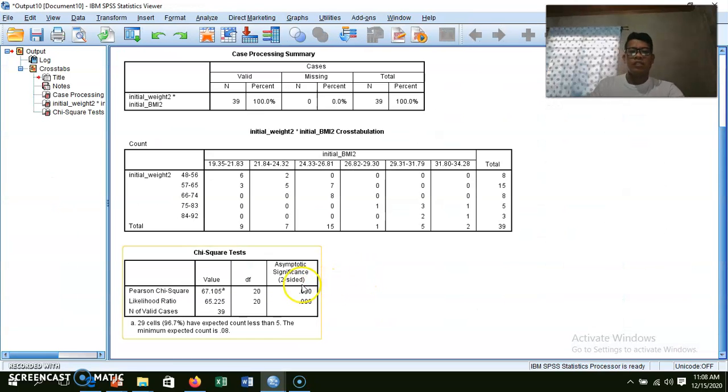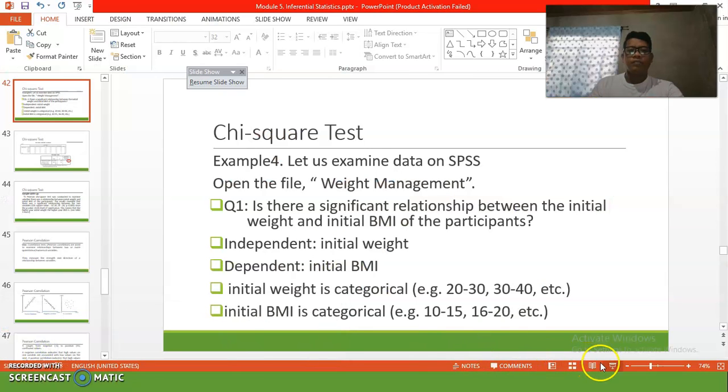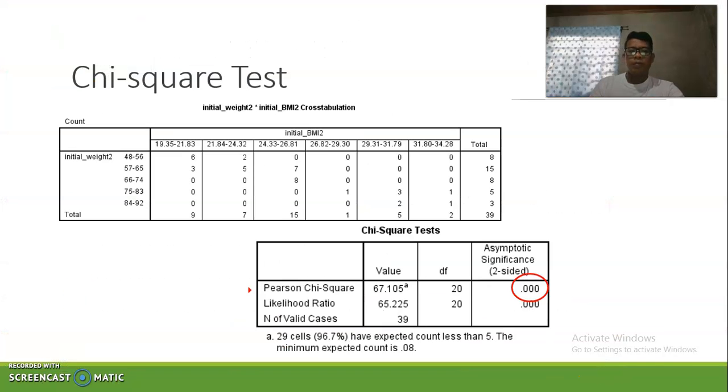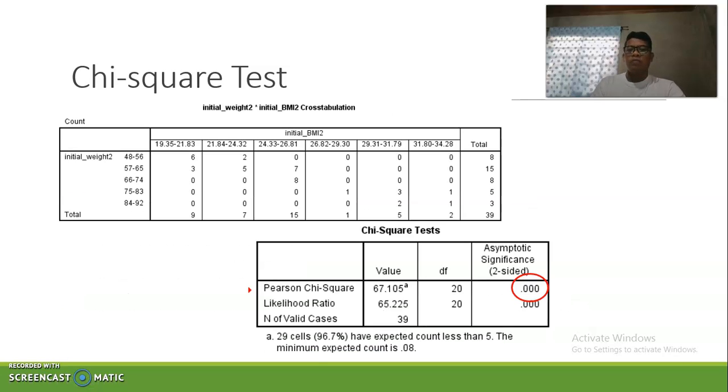So this is the result. Let's try to interpret the results of our test. Our question a while ago: is there a relationship between the initial weight of the participants and the initial BMI?